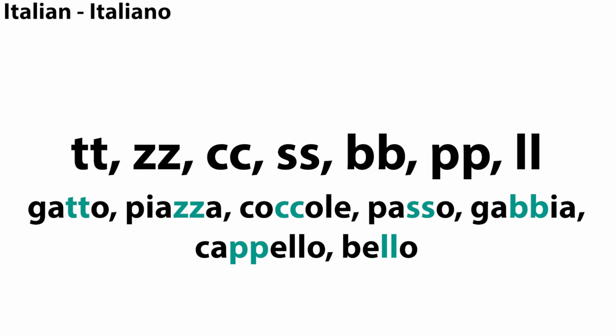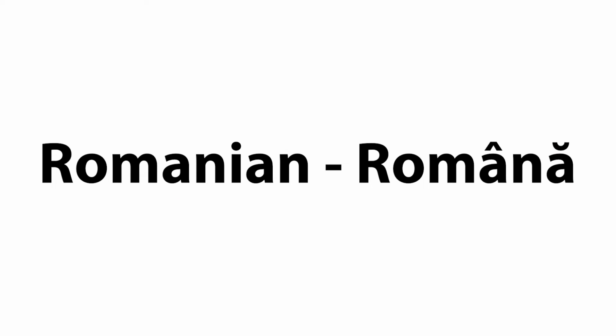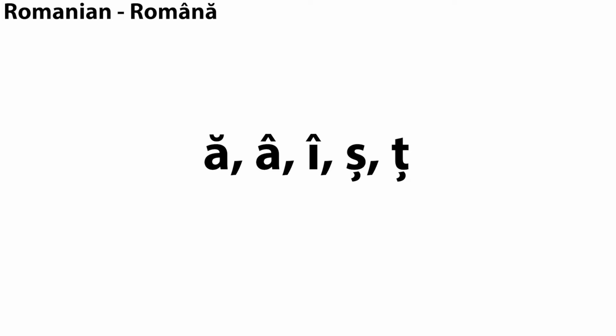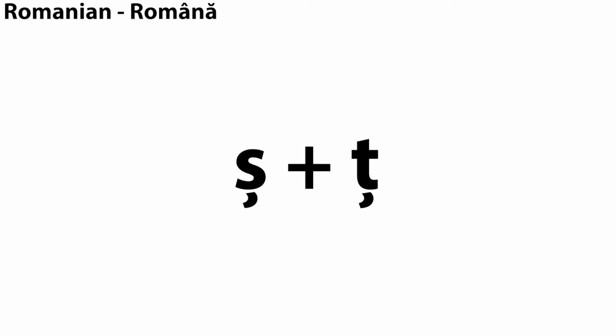And there's also frequent use of double consonants in Italian, such as the ones that you can see up on screen right now. Moving on into Romanian, we have the same basic 26 letters of the Latin script, with the additional A with the breve accent on top, A with the circumflex, I with the circumflex, S with an S comma, and T with a T comma, and both of these characters are unique to, I believe, just Romanian.